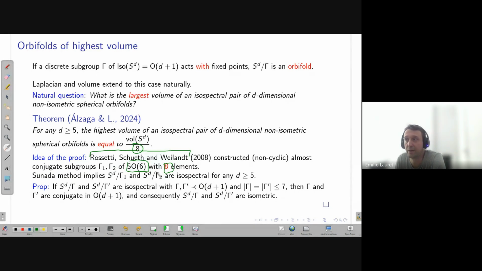So we already have an upper bound for the highest volume, because we obtain an explicit example with 8 elements.